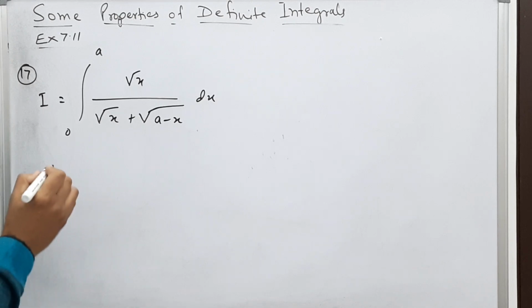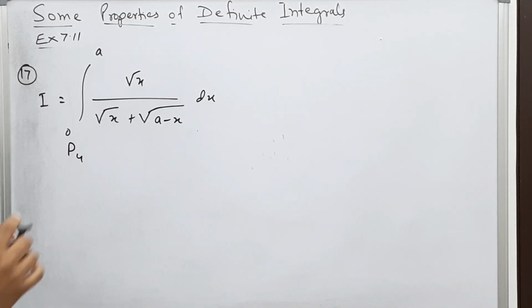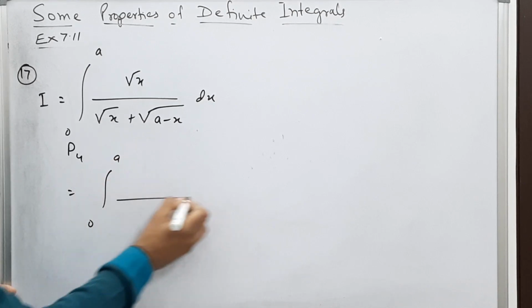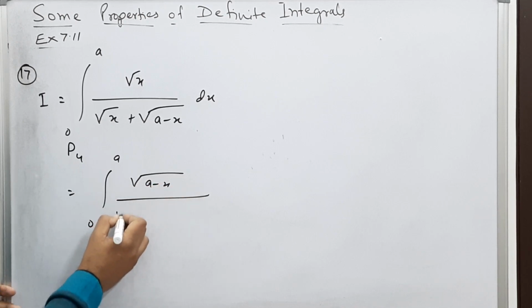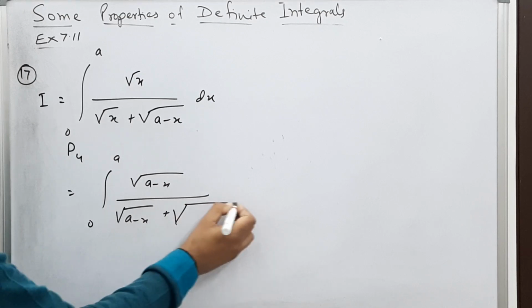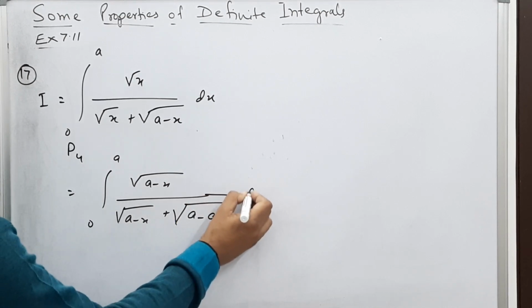Yes, dear student, you see, by applying P4, the step will be 0 to a, root of a minus x. Here also it is a minus x. Here a minus x will be plus x.